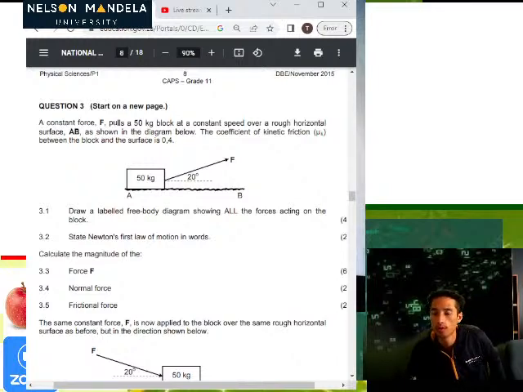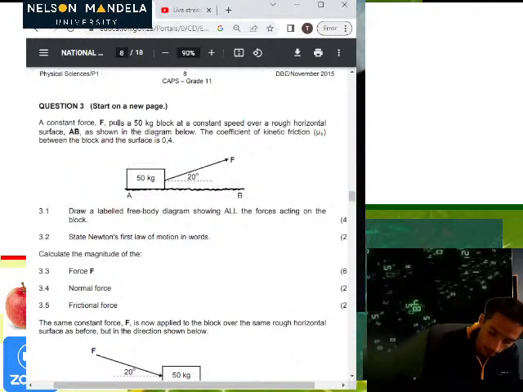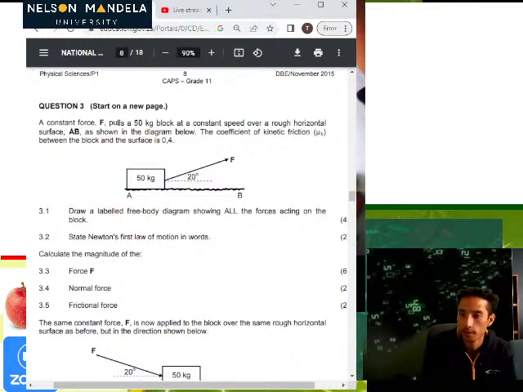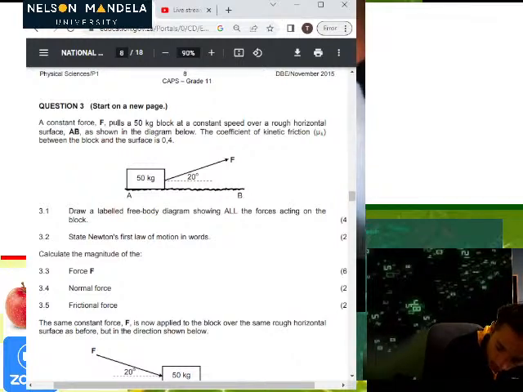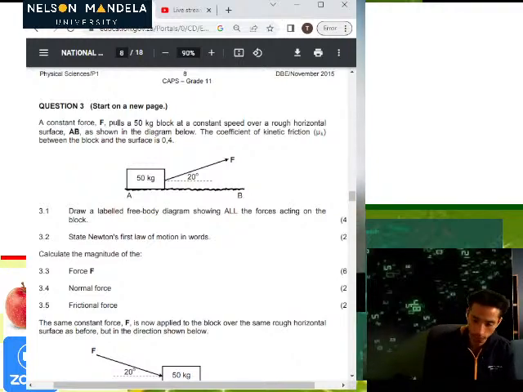First of all, he asks us to draw a labeled force diagram between points A and B. The block is 50 kilograms, moving at a constant speed, and the coefficient of friction between the surface and the block is 0.4.